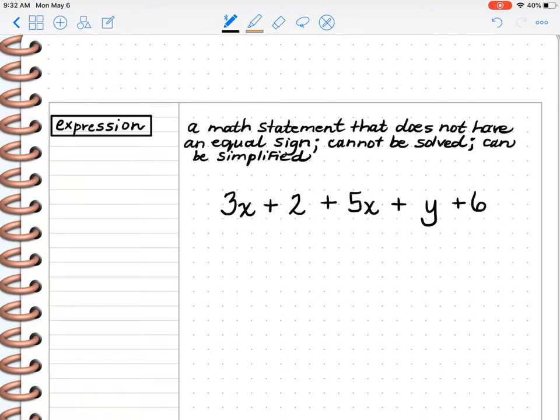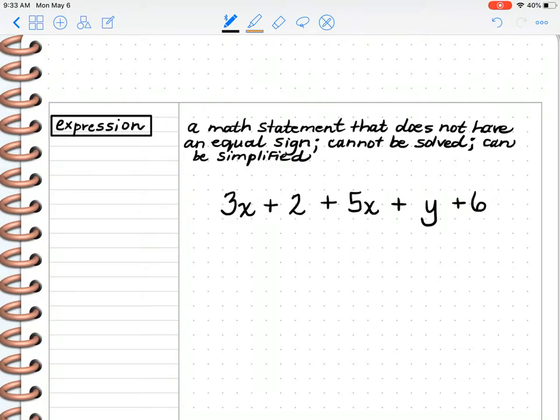So this is a rather long expression. Notice that it does not have an equal sign. That's what makes it an expression. It cannot be solved because it does not have an equal sign. It can, however, be simplified, and I want to show you how to do that.